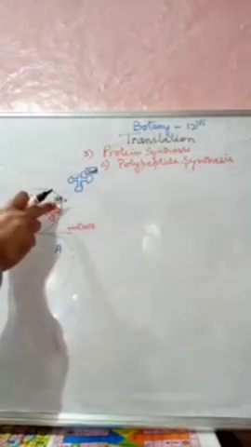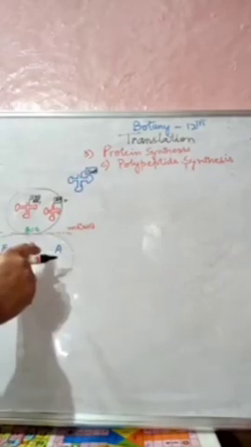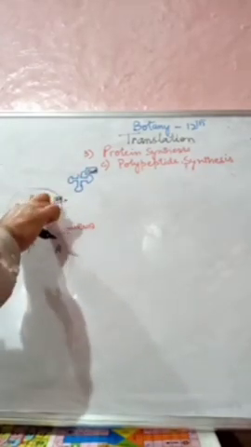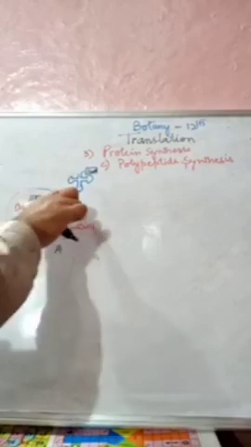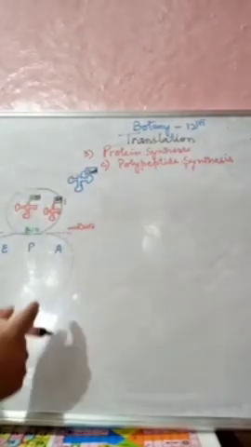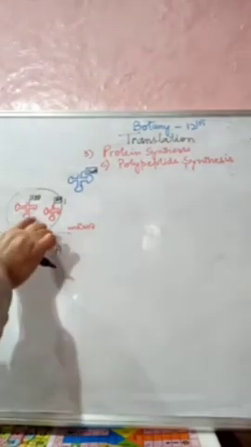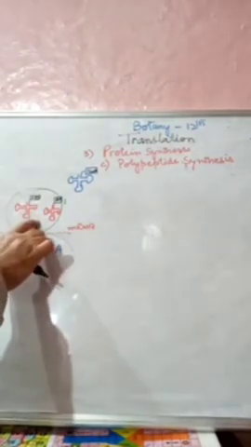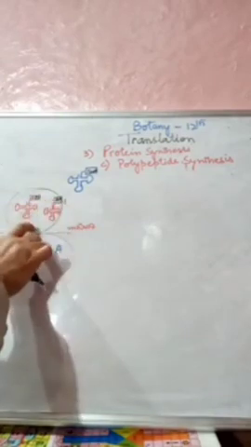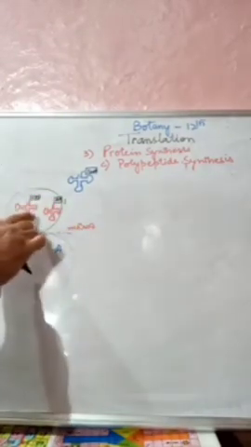And this is the F-Met, which we call the amino acid A. At the beginning, we will see two tRNAs having their respective amino acids come and attach on this assembly.